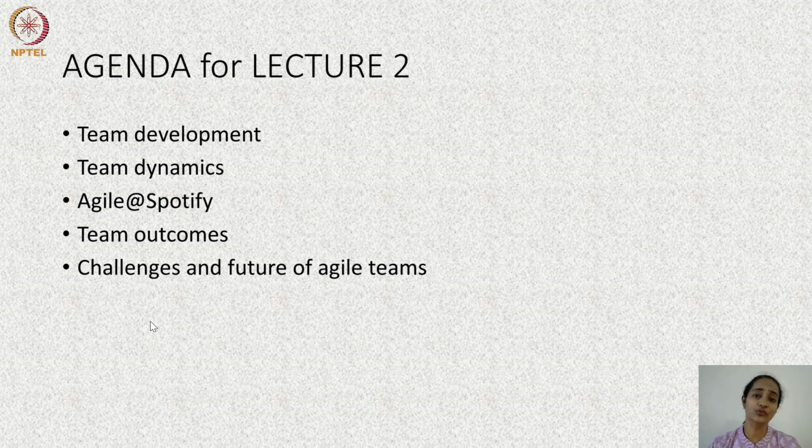Then I will introduce you to one organization which has effectively introduced Agile methodology in its teams across different locations. Finally, we will look at what are the outcomes which are important for teams, and we'll close the chapter by looking at challenges people face when they work in Agile teams and what are the future aspects which will be important for working in Agile teams.